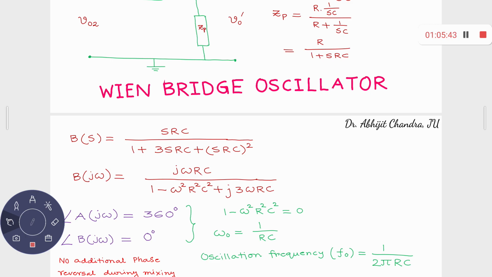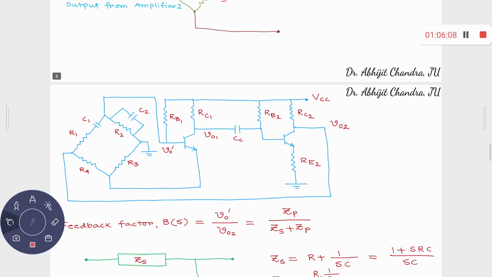This time what do we expect? We should expect that this B of S, or B of j omega, must be equal to unity as far as the gain is concerned, and as far as the phase shift is concerned, that should be 0 degrees. Right? Because already you have these two stages.